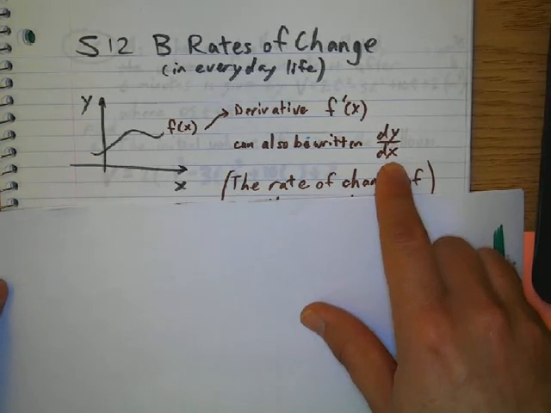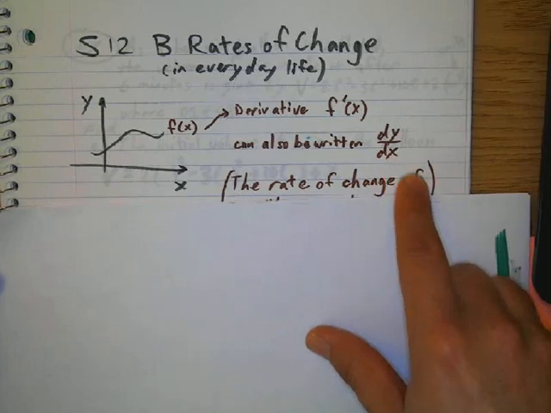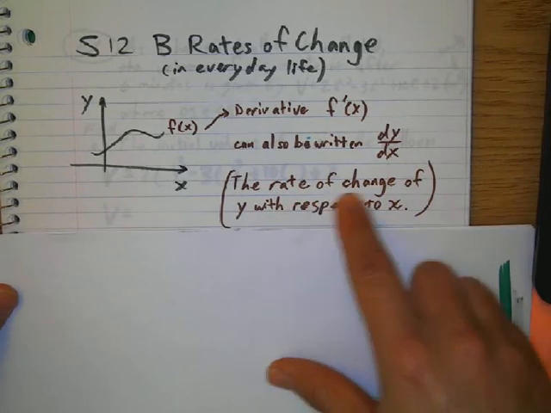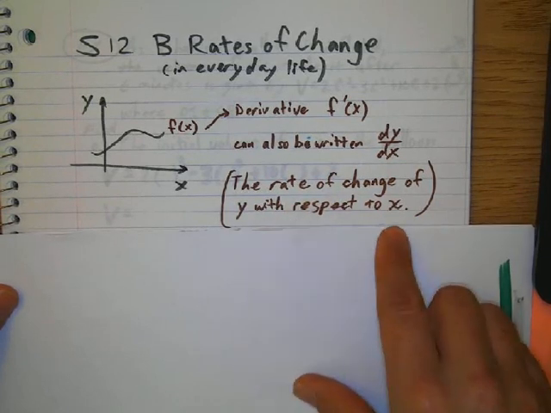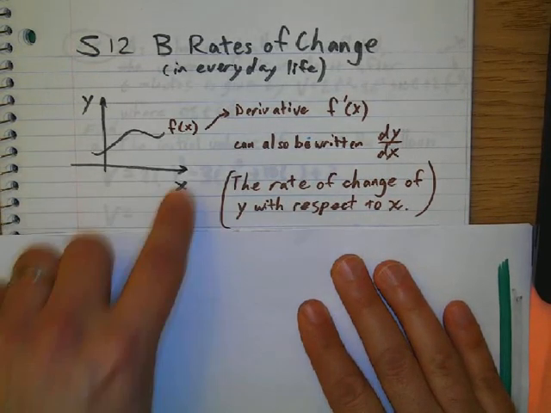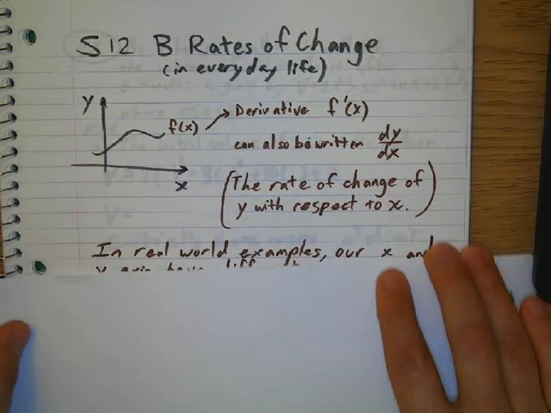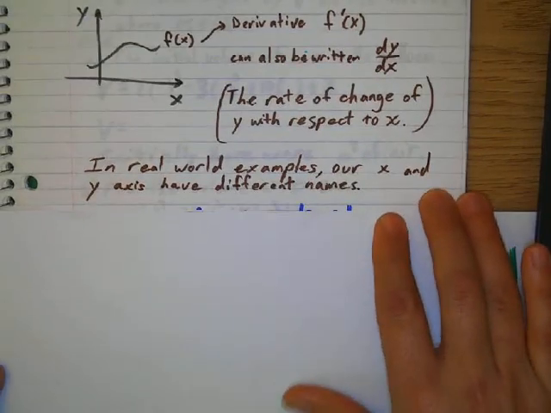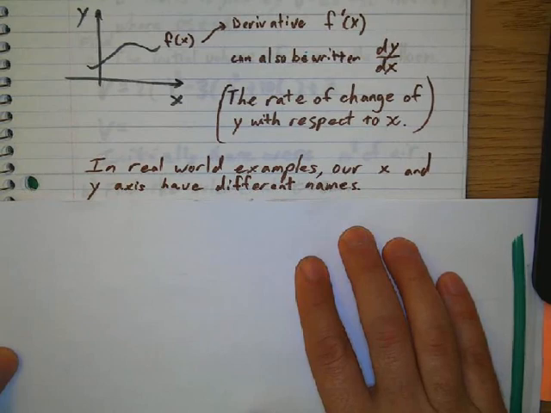And what does this mean if you see dy dx? Well, this is saying the rate of change of y with respect to x. Now, not everything on Earth deals with y and x. Sometimes, and we're going to be using a bunch of real-world examples instead of x and y.